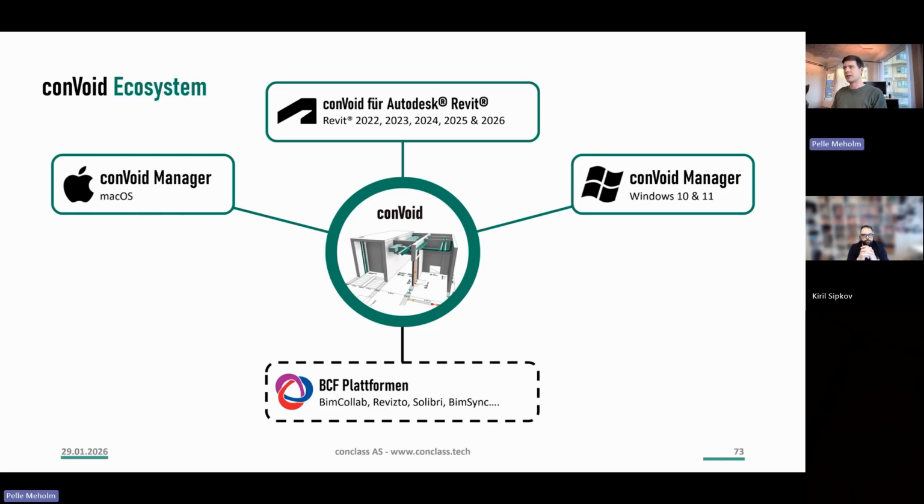So we developed a standalone application called the Convoid Manager, which is now available on Mac OS and Windows. You do not need Revit to run the coordination and approval of openings. This ecosystem will continue to be developed, and we will add more exchange possibilities in the future.